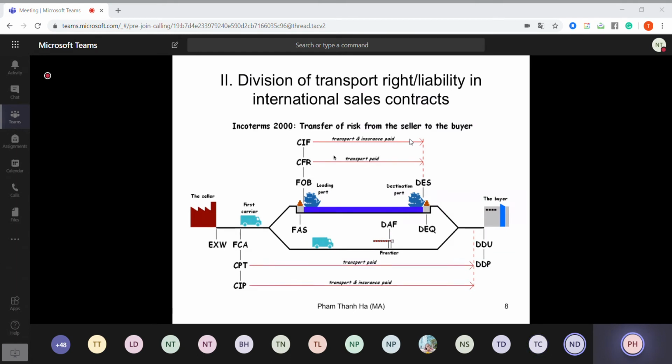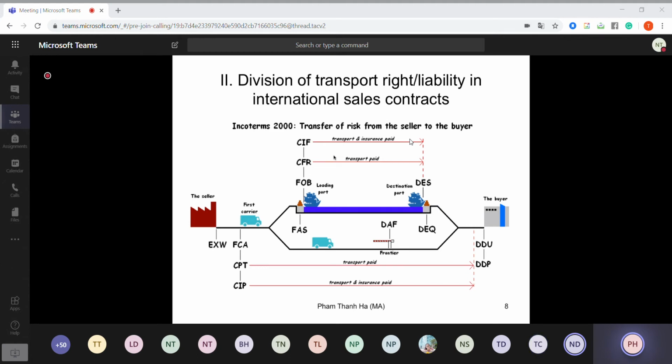If we compare the FOB, CFR, and CIF in terms of price, CFR is equal to FOB plus freight. In terms of the seller's responsibility, for the FOB the seller only loads the goods on board of the vessels, and he completes his responsibility.